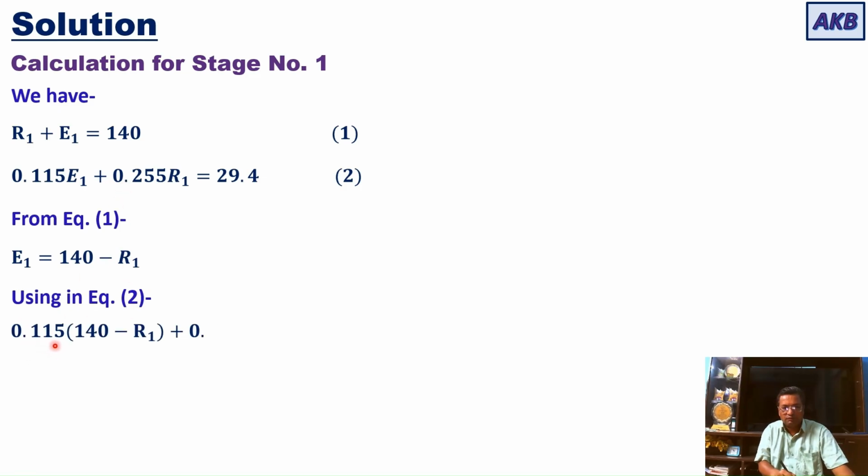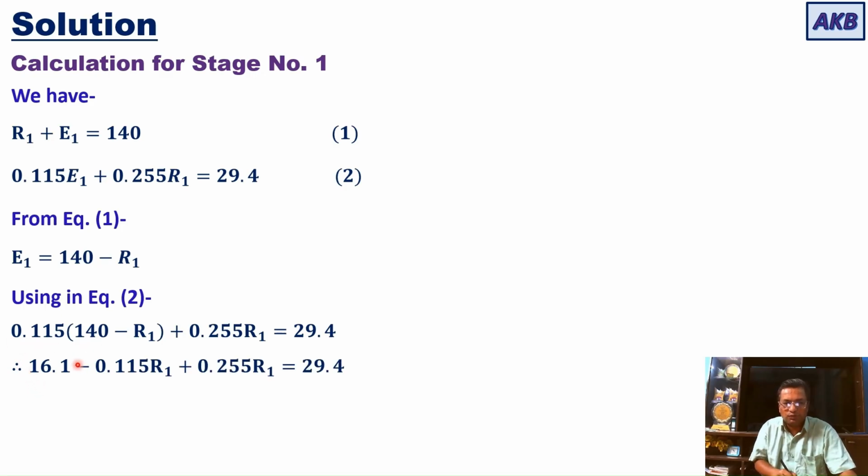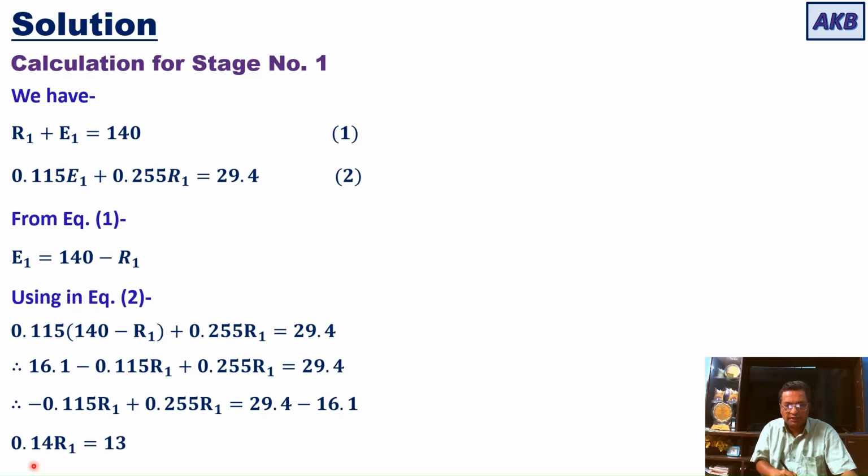So it will be 0.115 into, in place of E1, 140 minus R1, plus 0.255 R1, that is equal to 29.4. Then after simplifying it, 0.115 into 140 is 16.1 minus 0.115 R1 plus 0.255 R1 is equal to 29.4. That is, minus 0.115 R1 plus 0.255 R1 is equal to 29.4 minus 16.1, sorry. So that is 0.14 R1 is equal to 13.3.